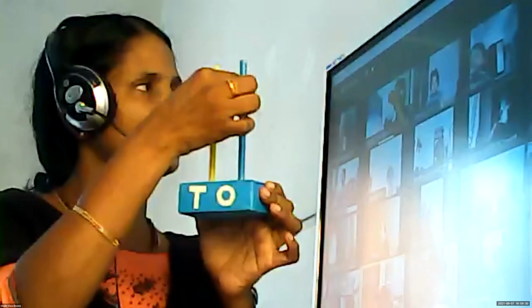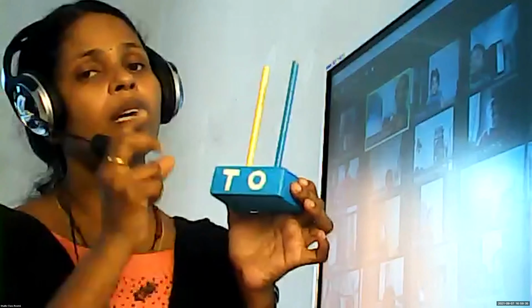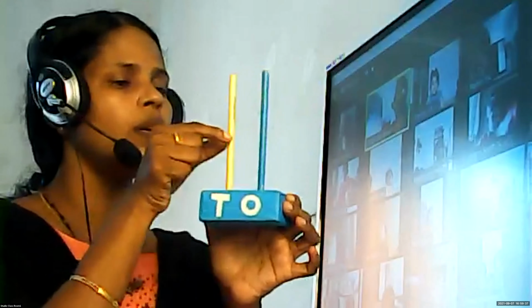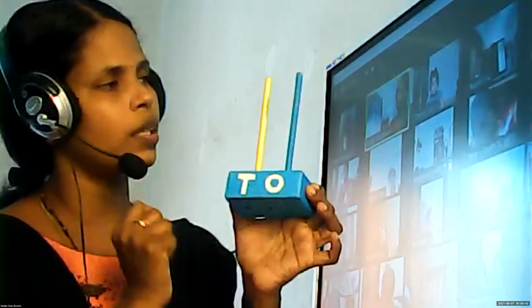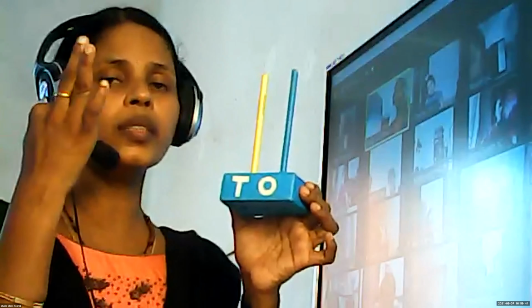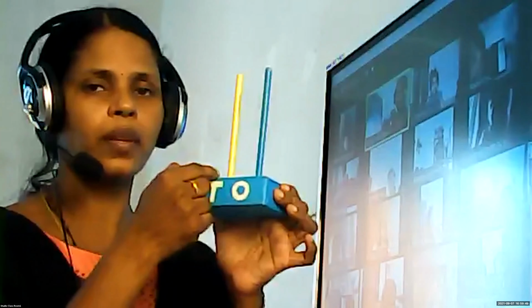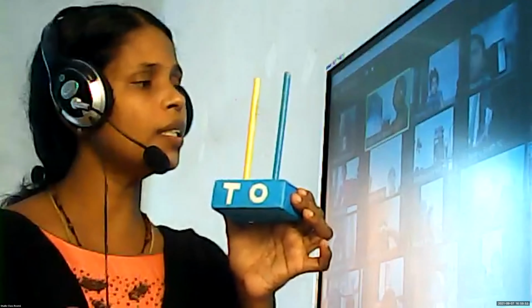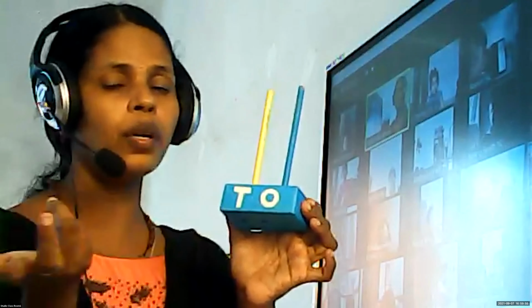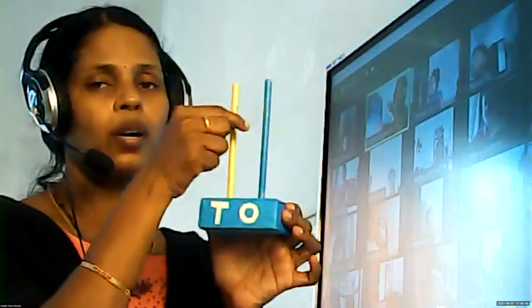Since we are showing two-digit numbers, we need two rods showing tens and ones. If we are showing three-digit numbers, we need three rods. Three-digit numbers have three places. We are discussing two-digit numbers. They have only two places, tens and ones. And these are the rods.